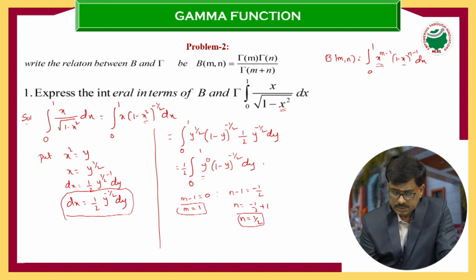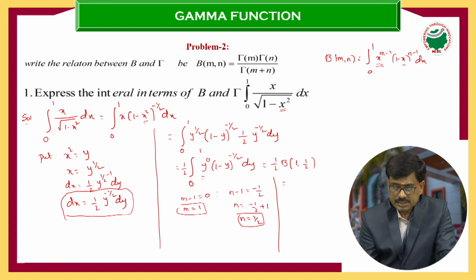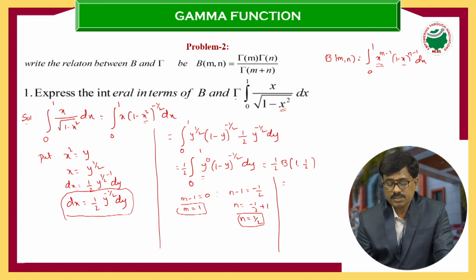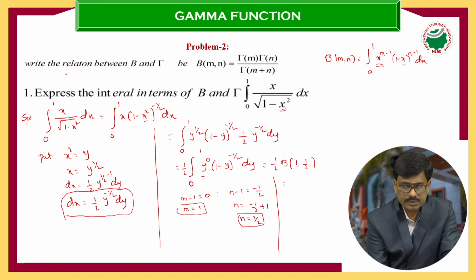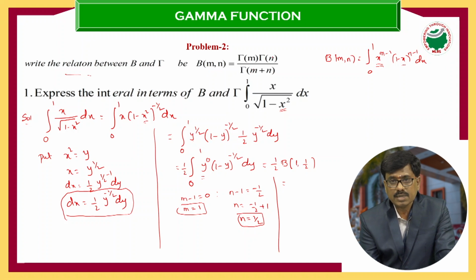Now I am going to transform this integral in terms of 1 by 2 into beta of m, n, where the m value is 1 and the n value is 1 by 2. Now I express this integral in terms of beta, and for this beta I need to transform it in terms of gamma. Already I told the relation: beta m comma n can be expressed as gamma m, gamma n divided by gamma of m plus n.